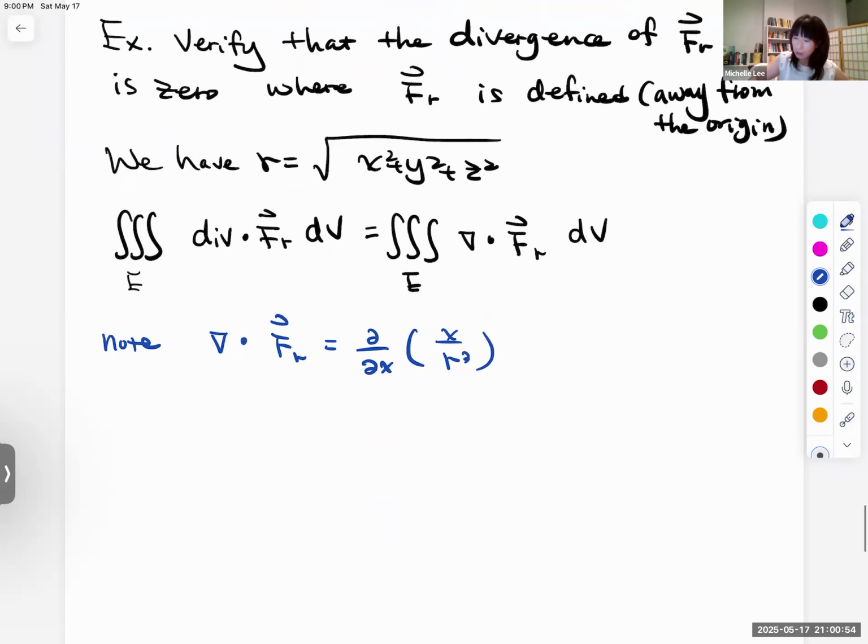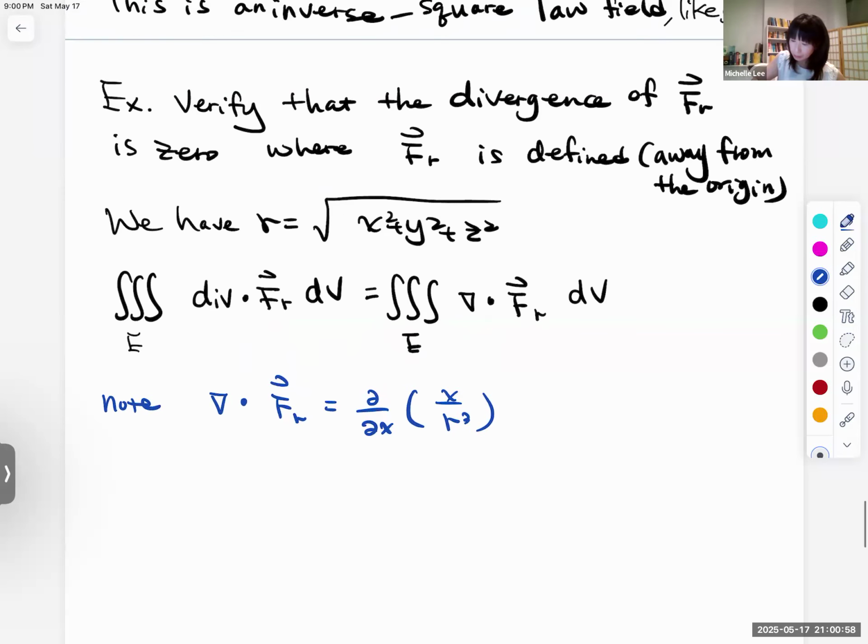Okay, all right, then let me see. We have the partial derivative with respect to x of x over r to the third power, which is x over the square root of x squared plus y squared plus z squared, and then the third power, right?